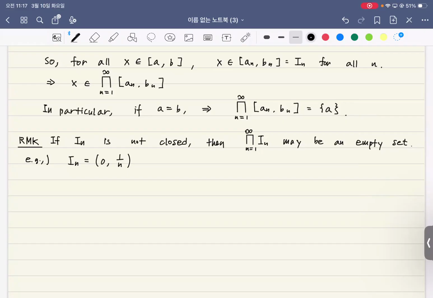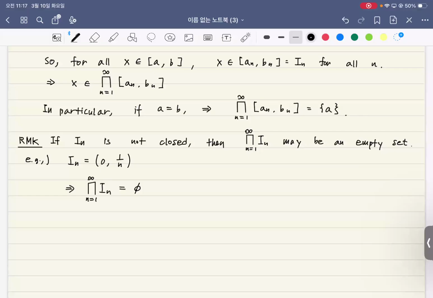Why? Suppose this were not an empty set. Even in that case, this infinite intersection can only contain a strictly positive number.